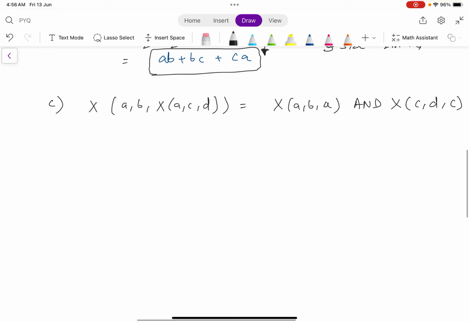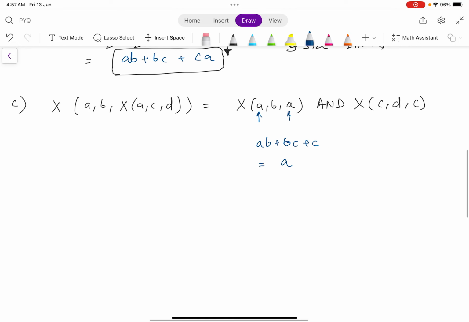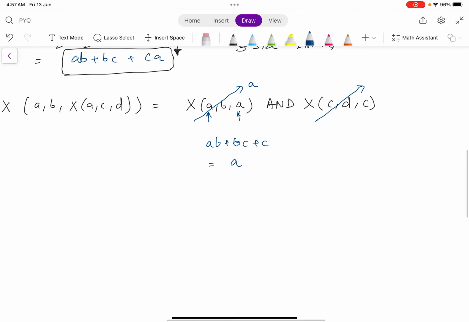Now if you analyze this by putting the value as AB plus BC plus CA, in C, A becomes C, so you will get your A from this, which will reduce entirely to A, and similarly this will reduce entirely to C. You will only put these values into AB plus BC plus CA. Here A becomes C, so if you put that, it becomes CBC, BC, CA, C common.